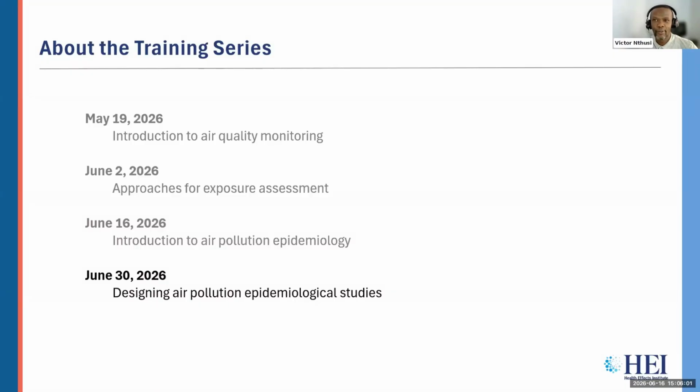So we're going to go a little bit into the basics of air pollution epidemiology. And we have a last session in 2 weeks' time at the end of June, where we're going to see really practical examples of how different groups in different localities are applying this in designing air pollution epi studies.